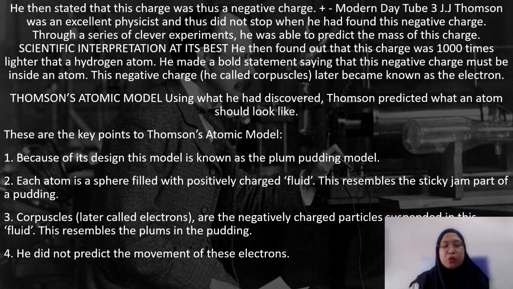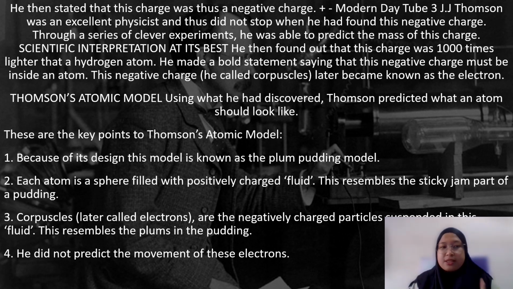J.J. Thomson continued to discover more about the electron, most importantly about the charge. He also discovered what an atom looks like, namely the Thomson atomic model. So these are the key points of the Thomson atomic model.